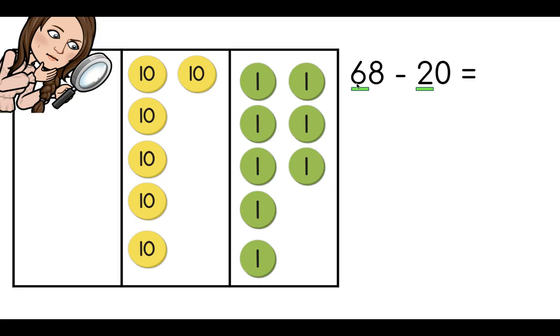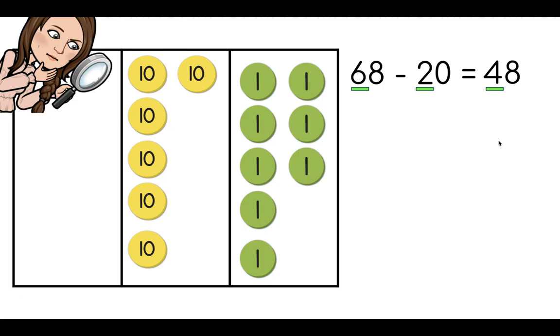I know that 6 subtract 2 equals 4. So 6 tens subtract 2 tens would be 4 tens. Nothing's going to change with our ones because I have 8 ones here and I'm not subtracting any ones. So 4 tens and 8 ones is 48.